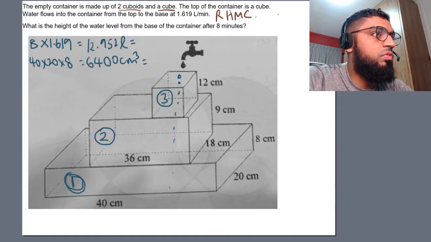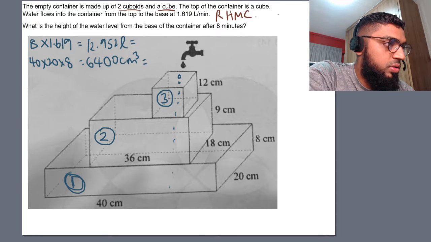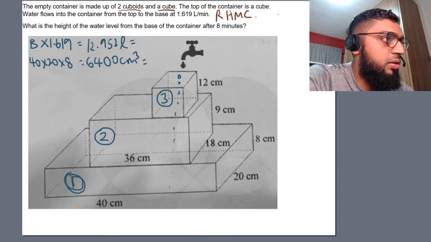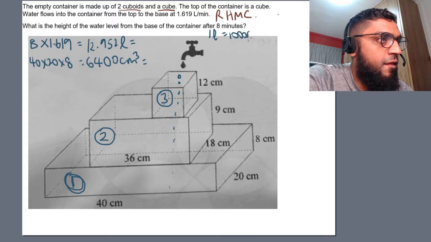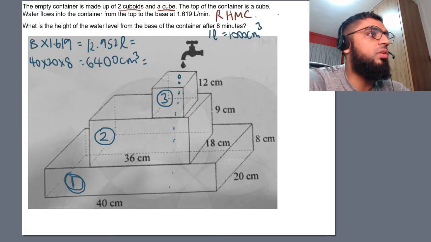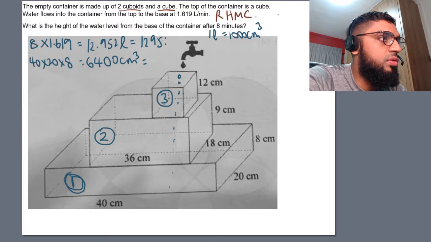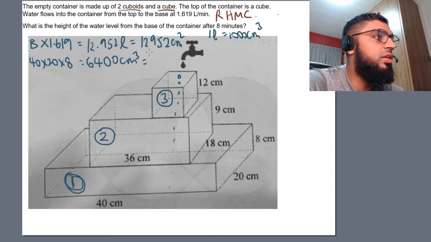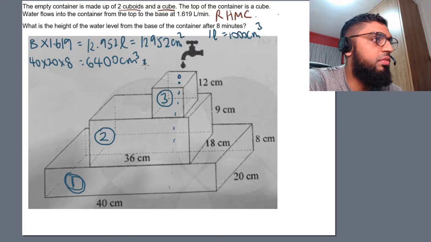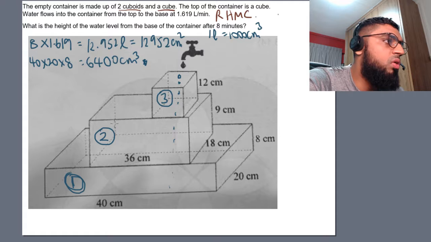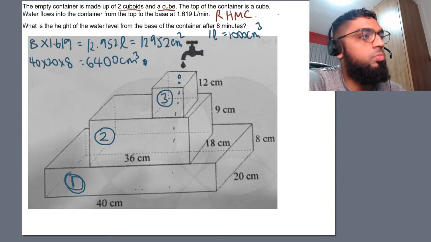You need to know your conversions very well. 1 liter is the same as 1000 cubic centimeters. So if I want to change these liters to cm cube, I just have to multiply by 1000. So this becomes 12952 cubic centimeters. If you can see very clearly, the volume of water that you have is actually more than the space for the first cuboid.